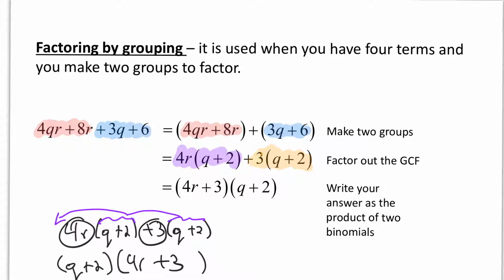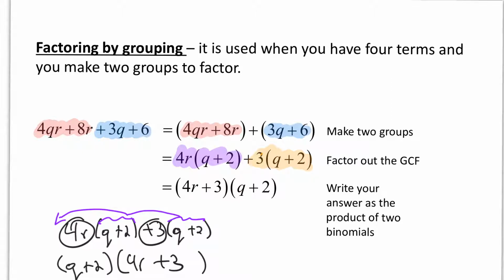Now, does order matter? Not really, because when you have multiplication, the commutative property says the order doesn't matter when you multiply. So you can have this order here, 4r plus 3 times q plus 2, or you can have those binomials backwards. But very important that you remember, you must multiply the 2 parentheses.